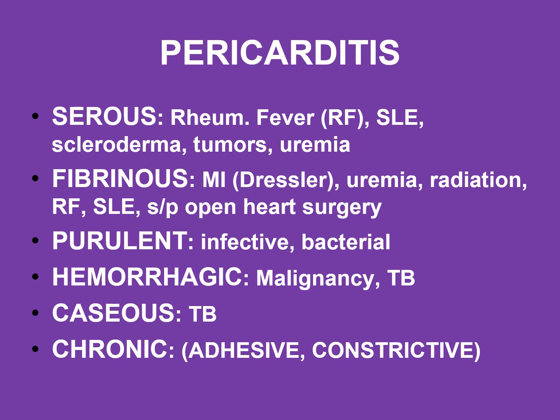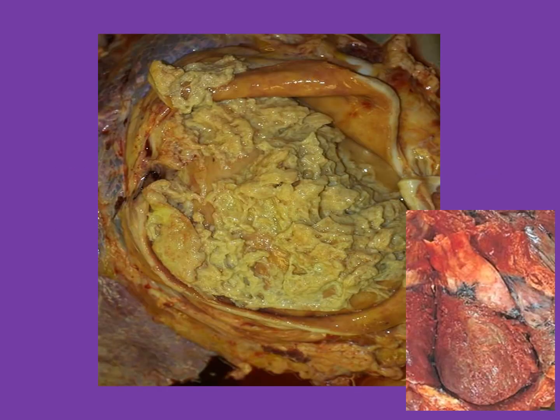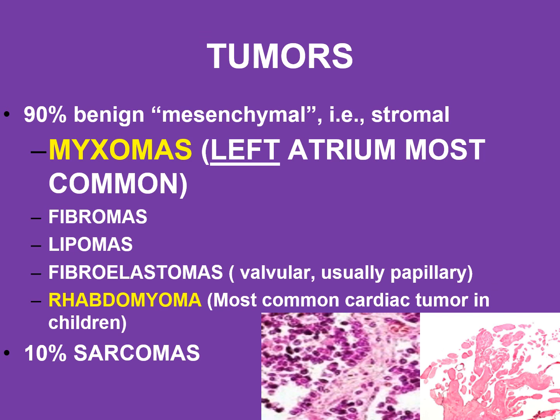We have serous, fibrinous, purulent, hemorrhagic, caseous, or chronic as well, depending on the etiology. So this is what we call the bread and butter pericarditis from rheumatic heart disease. So this is like putting a spread onto slices of bread, and then you open it up, and you can see here the bread and butter pericarditis.